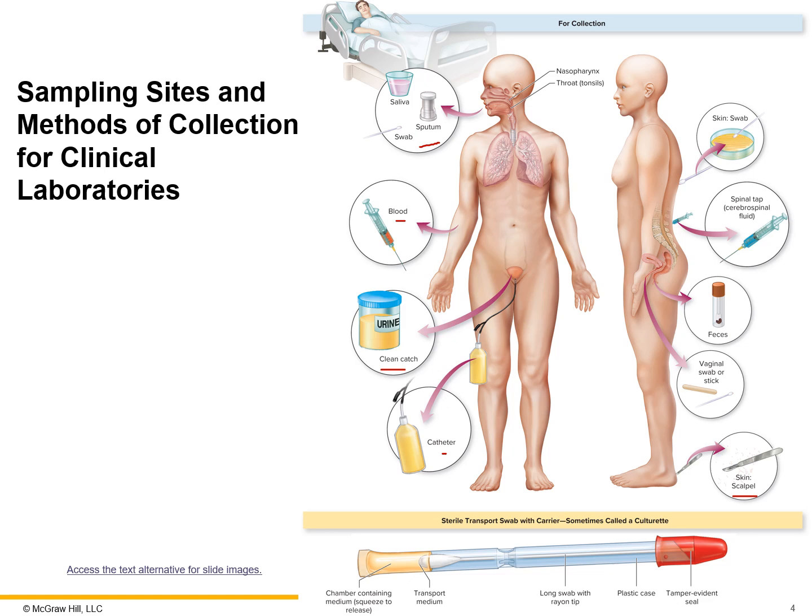So skin using a scalpel. We can do vaginal swabs, and feces. We can also do spinal taps to look for neurological issues, and we can swab the skin. So lots of variations, again, depending on the test or the potential disease or the causative agent that's expected, would determine where we're collecting from.